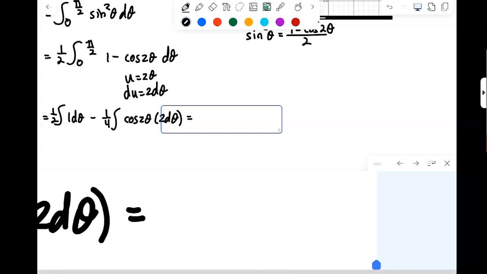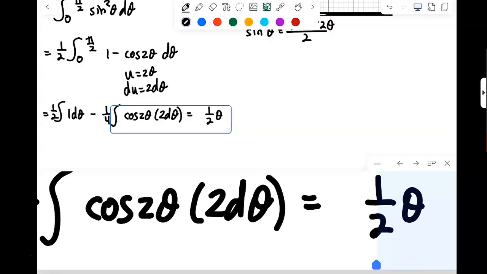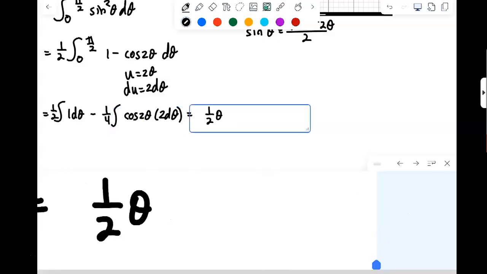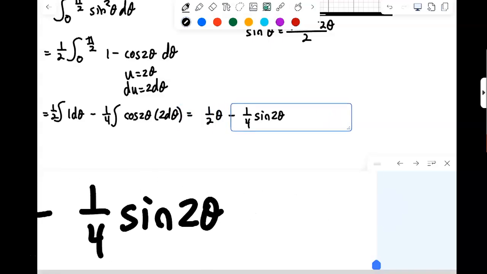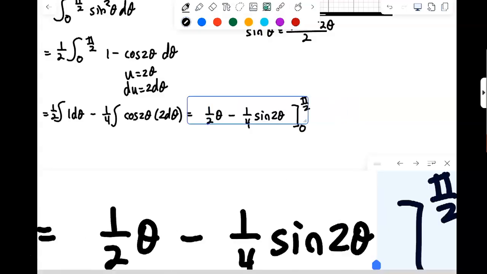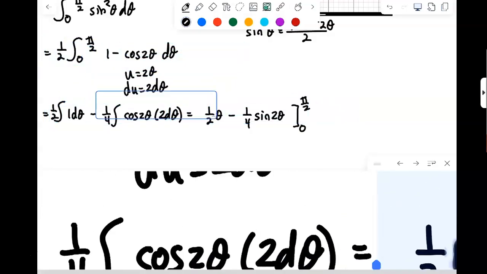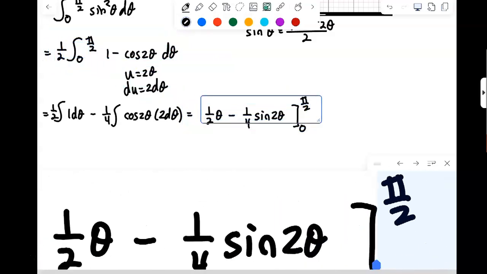The integral of 1/2 d theta is just going to be 1/2 theta. The integral of cosine is just sine, so that's going to be minus 1/4 sine 2 theta. Then we want to evaluate this with our limits now, 0 to pi over 2. Sometimes I'll leave the limits off just to save a little bit of writing. Just remember that I'm going to come back to it later.